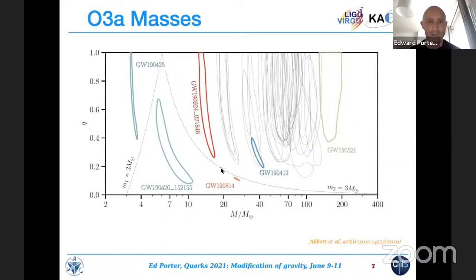This is the result in terms of the mass ratio and total mass for the events that we're actually detecting in O3. We can see we have binary neutron stars, potential neutron star black holes, but the vast majority of what we're seeing is up here in the black hole section.